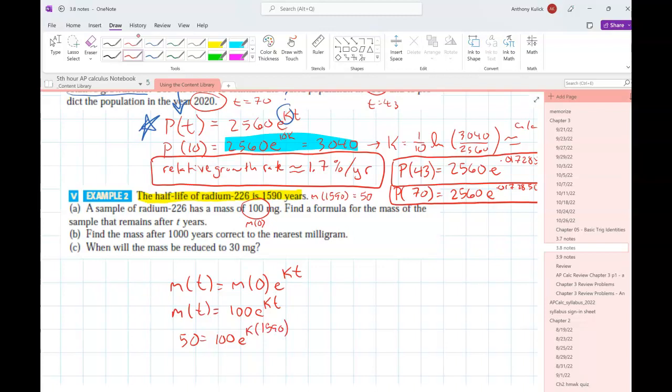Now we're just going to solve for k. To find the formula, we need the k. We found the M0 right away, but we need to find the k. So divide by 100, take the natural log of both sides, and divide by 1,590.